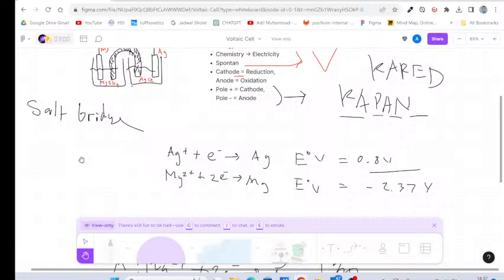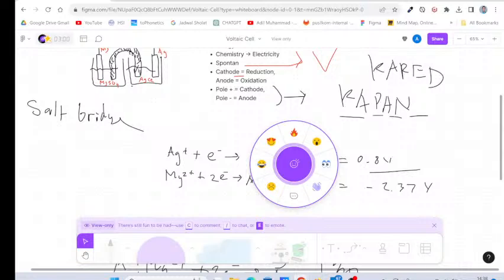Just now, to make sure it is true: 2Ag+ plus 2e-, Mg plus... Mg2+ plus 2e-. Right.